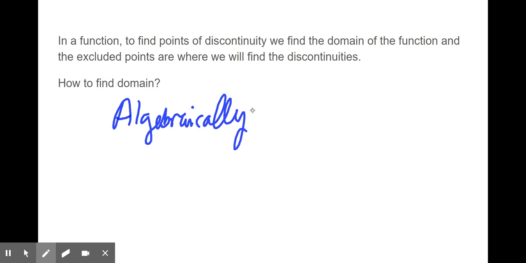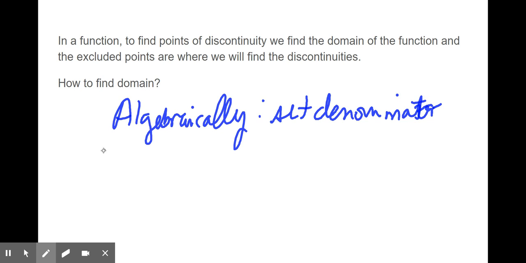To find domain algebraically, we set the denominator equal to 0, and those values of x will be where there are issues with our function f of x. Those values of x will be excluded from the domain.